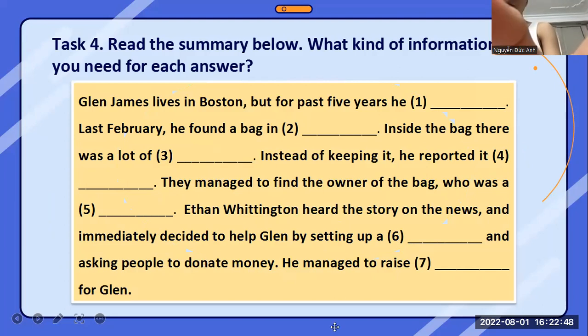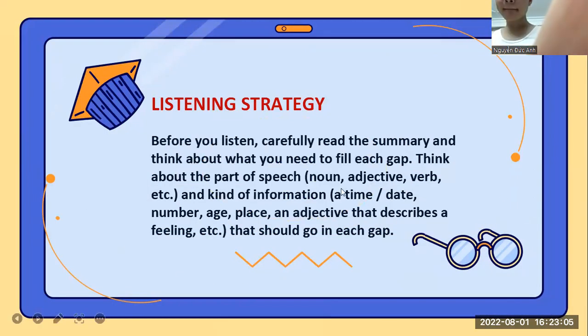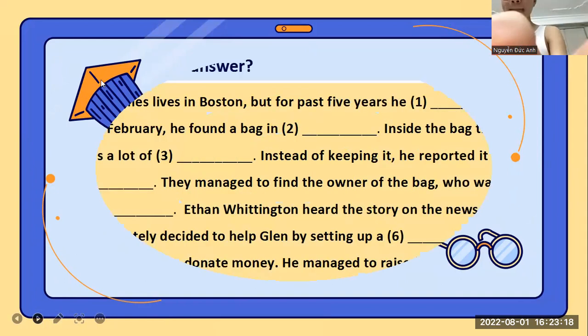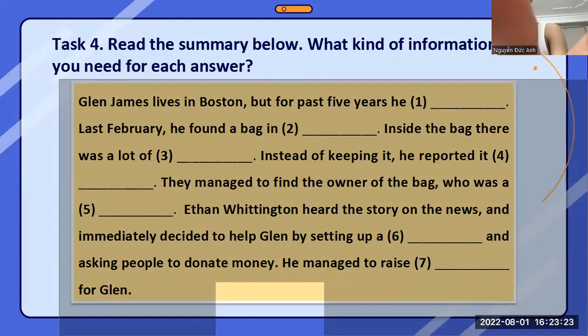What kind of information do you need for each answer? I want you to write your answer on the blank. It can be a time, date, number, age, place, adjective that describes a feeling, or a verb, noun, and adjective. Okay, so for numbers 1 to 7, please write your answer.